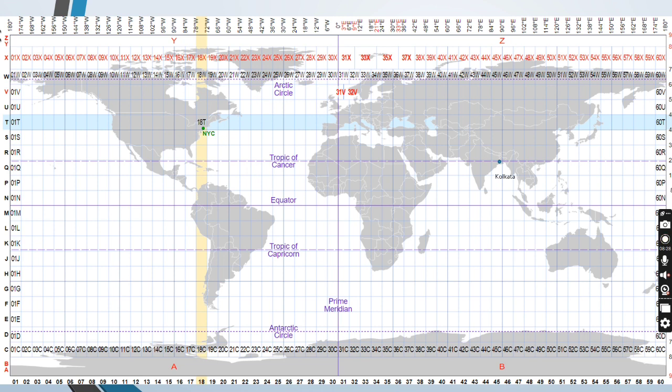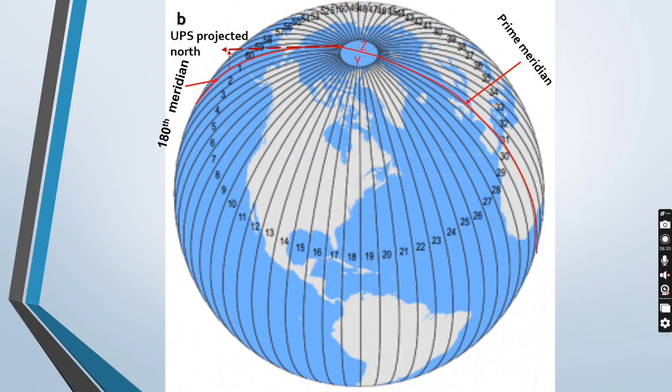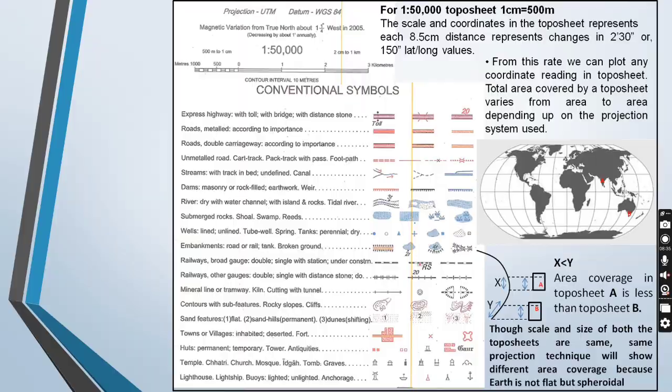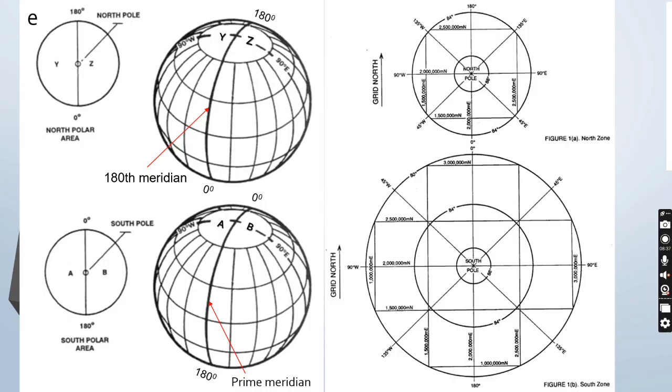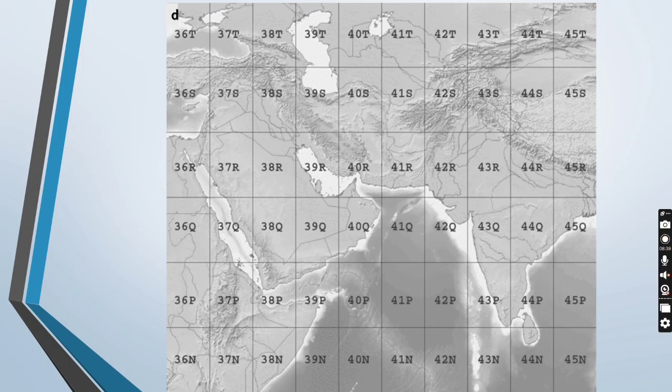So let us visit our India first, then in this context I'll come into detail. Here all the UTM zones are depicted. Especially I have zoomed in on our Indian part.